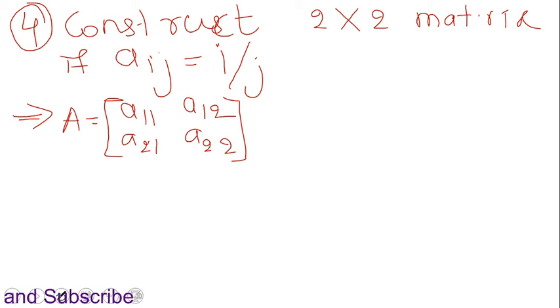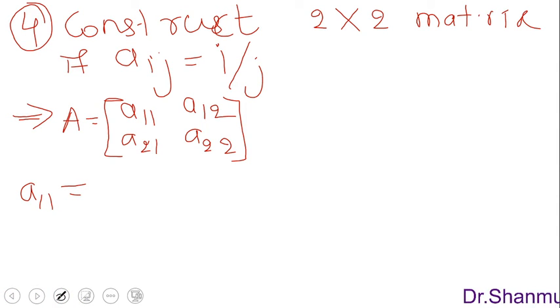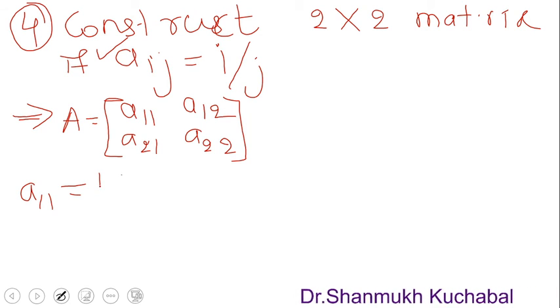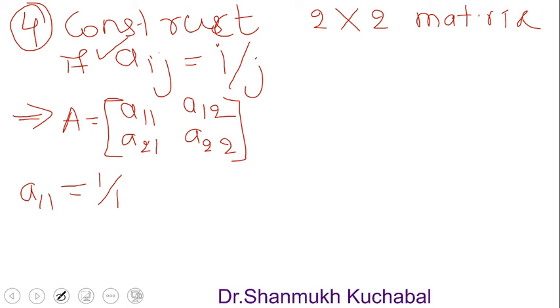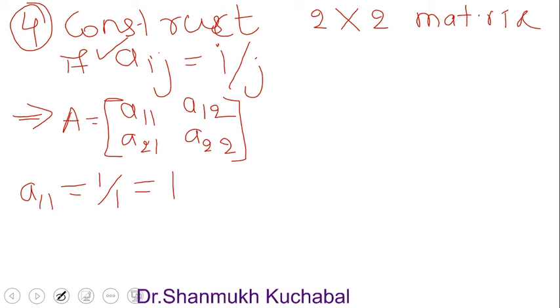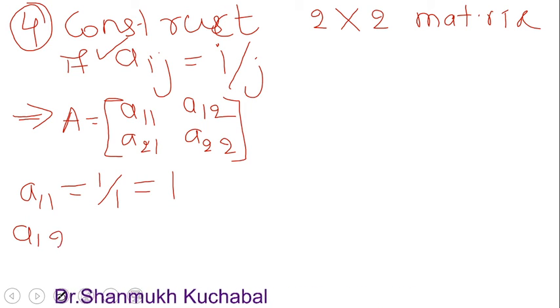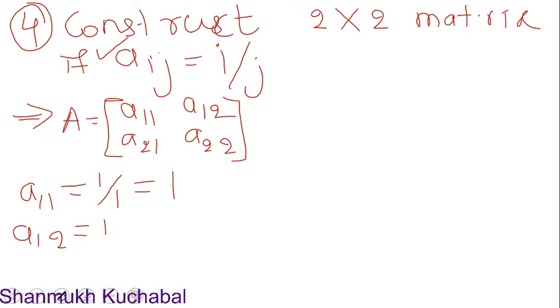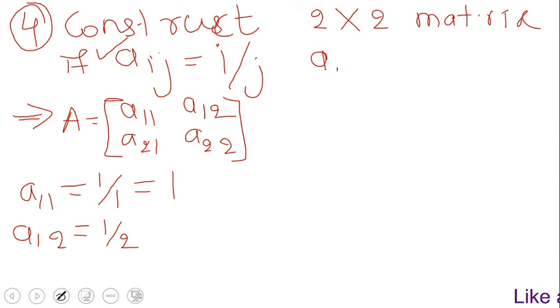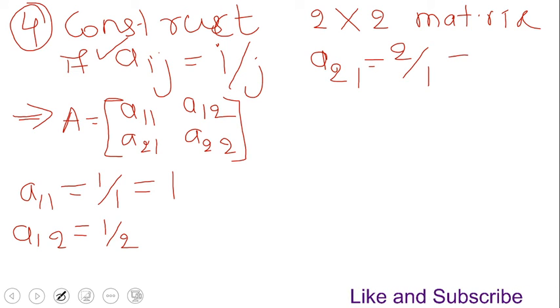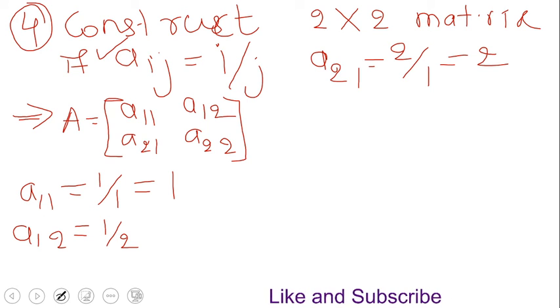Further, I take this formula. I take i equal to 1, j equal to 1. So i is 1, divided by 1, and we get 1. Next we find a12: i is 1, j is 2, so 1 by 2. Further simplification is not possible, so we write it as it is. Next a21: i is 2, j is 1, so 2 by 1, which is 2.